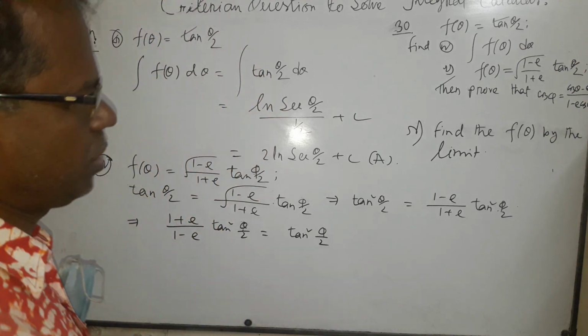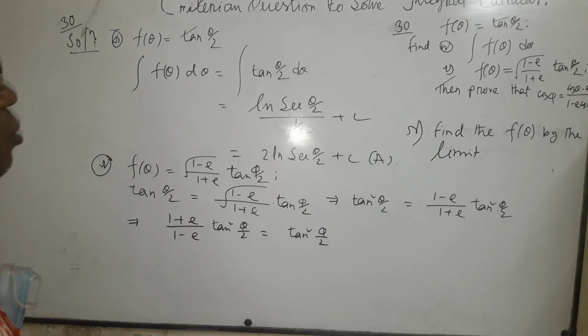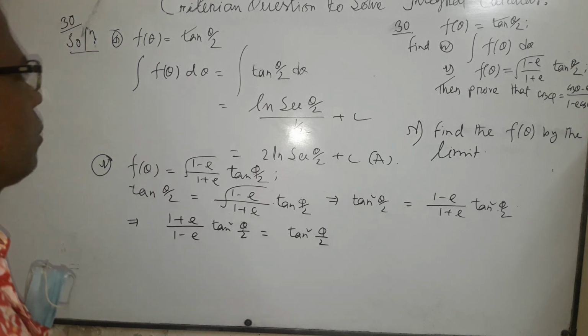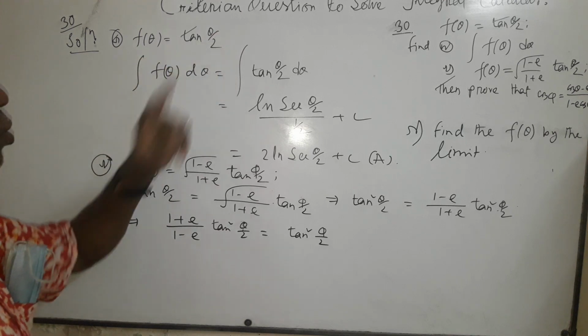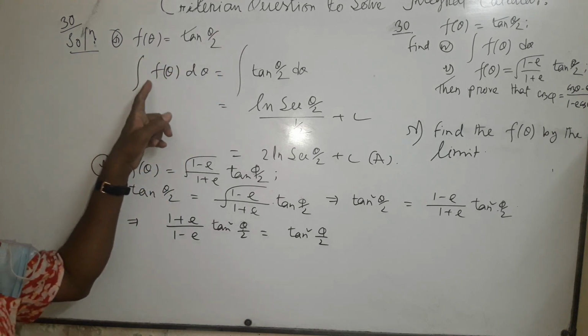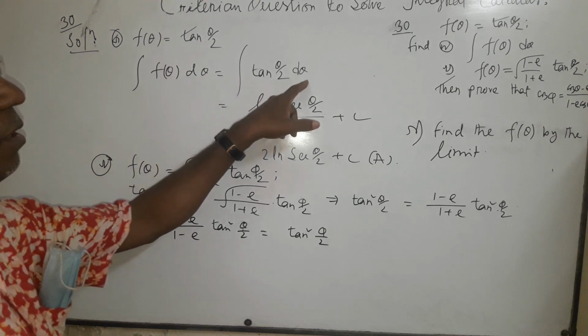Well, the process is, firstly, the solution for part 1. f of theta, that means tan theta divided by 2. So then integration f of theta d theta equal to integration of tan theta divided by 2 d theta.